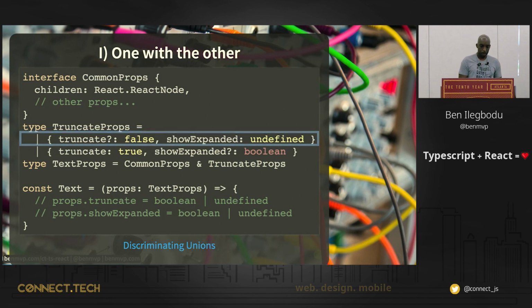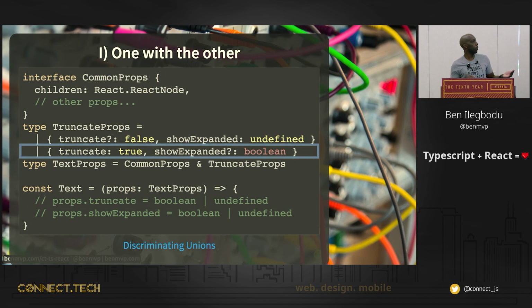The second one is when the truncate prop is true. Then we can optionally pass show expanded. It still has the question mark, so it doesn't have to be there. It can be omitted and defaulted as necessary, but it can only be there when truncate is true.